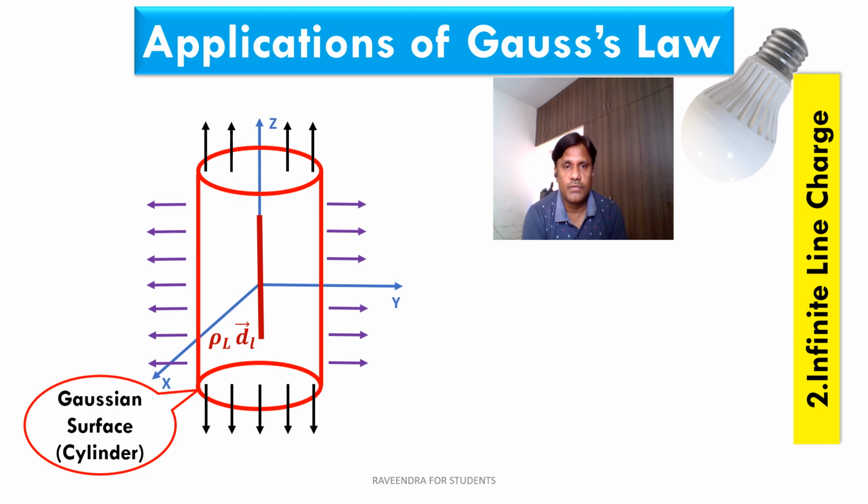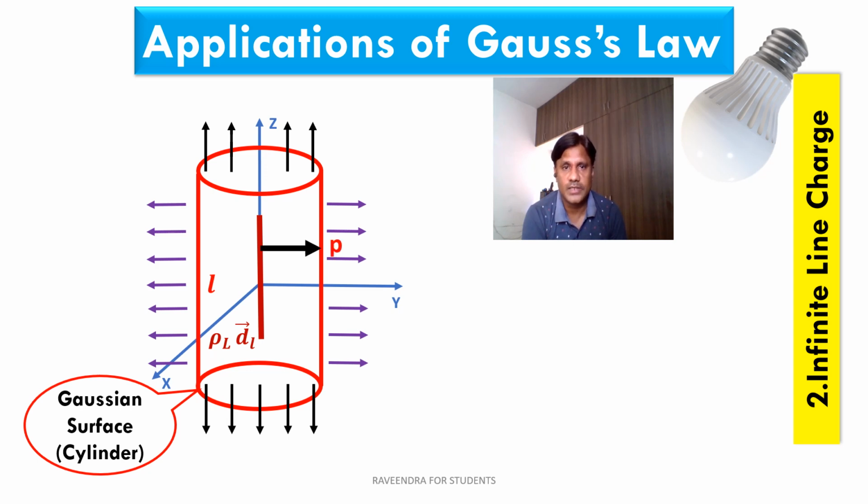So for the top and bottom faces of this cylinder, the D bar is tangential, whereas for the rectangular portion of the cylinder, we will have the normal component. For the entire length L, the D bar will be normal, whereas for the top surfaces of the cylinder it will be tangential. Once it is tangential, there will be no field.